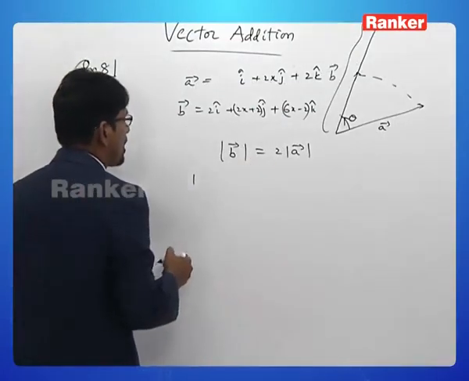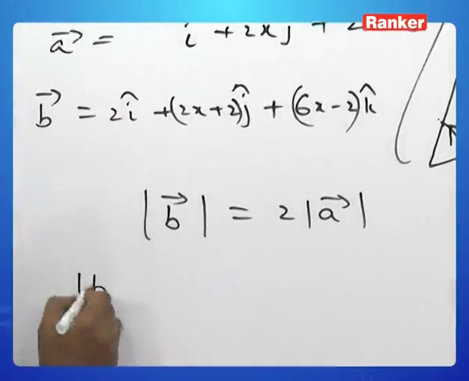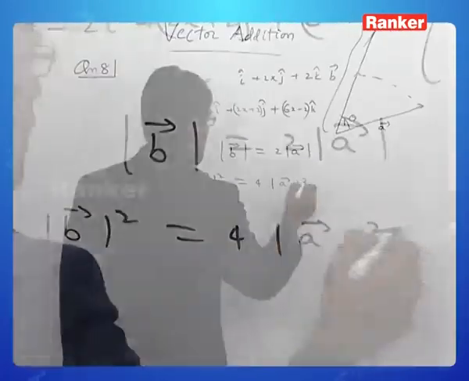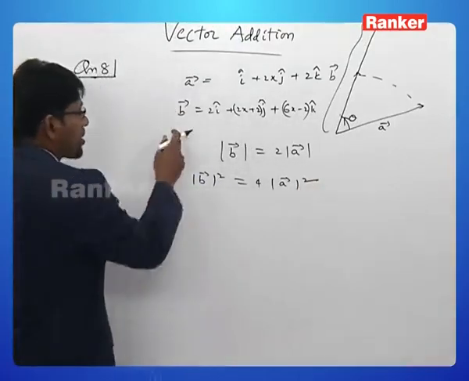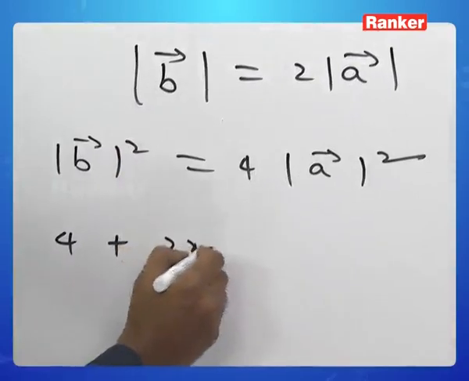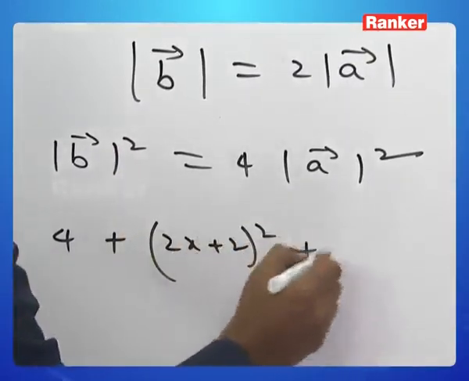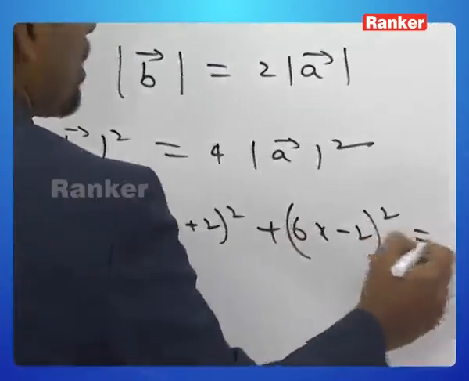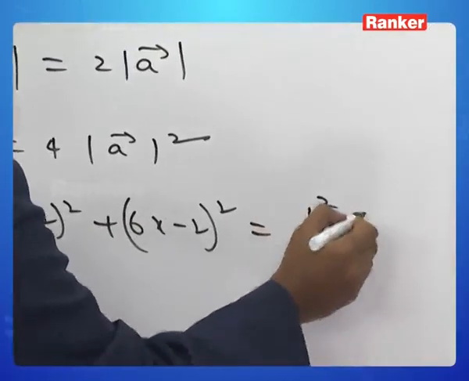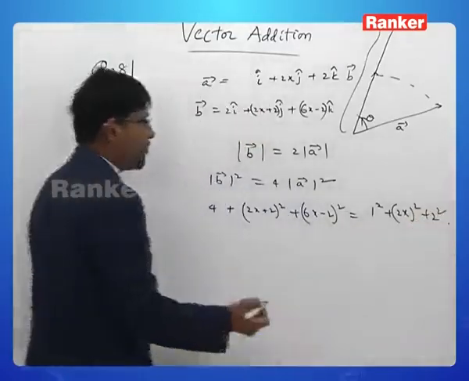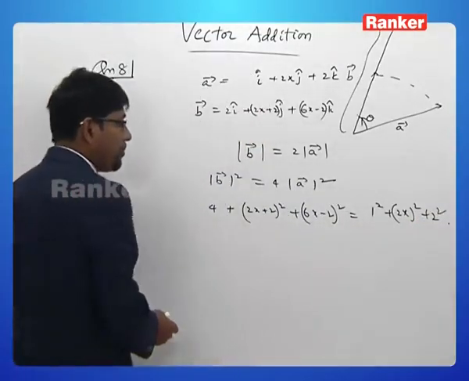So clearly the magnitude of B has to be 2 times the magnitude of A here. So what can I say? Magnitude of B square has to be equal to 4 times the magnitude of A square. What is the magnitude of B square? 4 plus (2x plus 2) the whole square plus (6x minus 2) the whole square. And that should be equal to 4 times 1 square plus (2x) square plus 2 square.